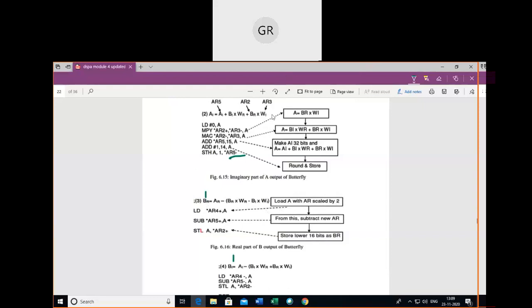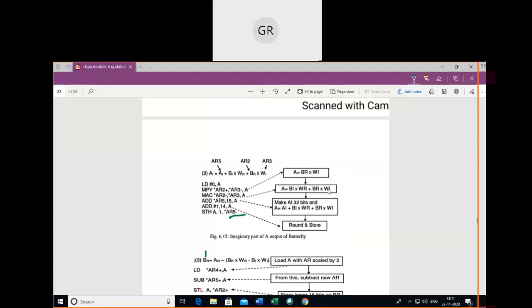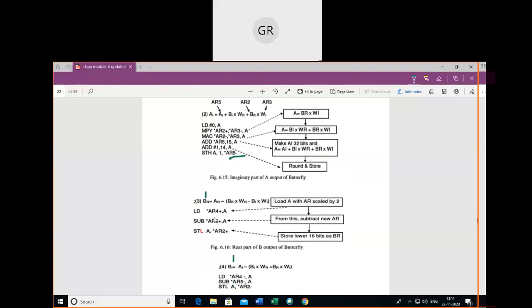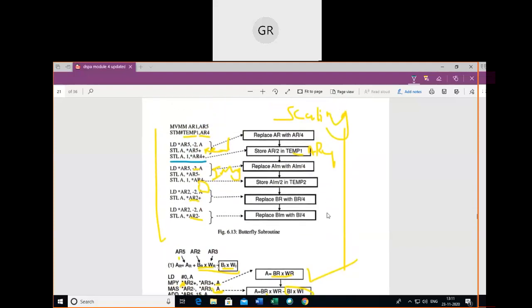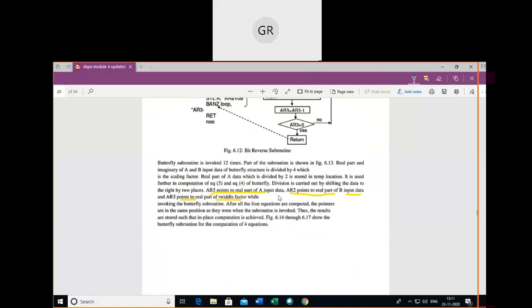Wait a minute here. Here load A with AR scaled by 2. Already we did scaling here. Whatever value is stored in AR4 after scaling. See here, AR4 plus and AR4.